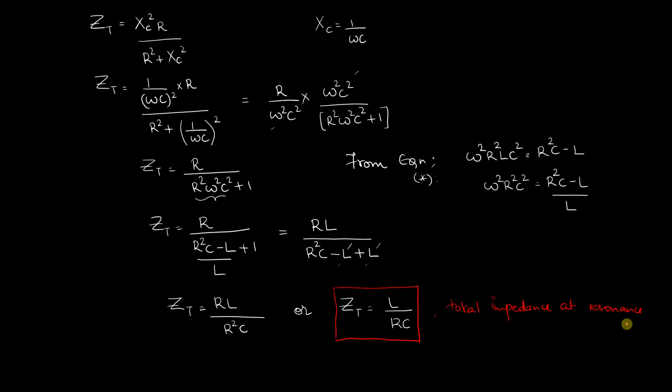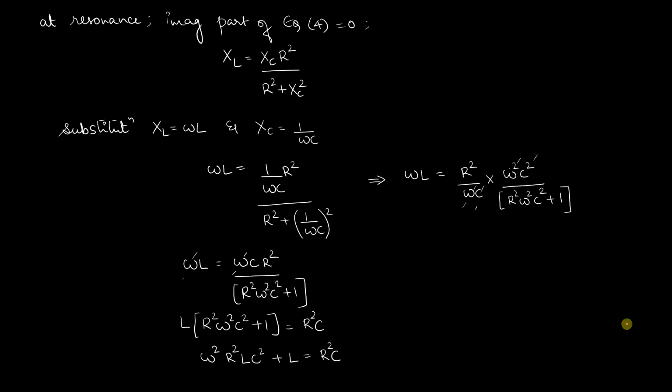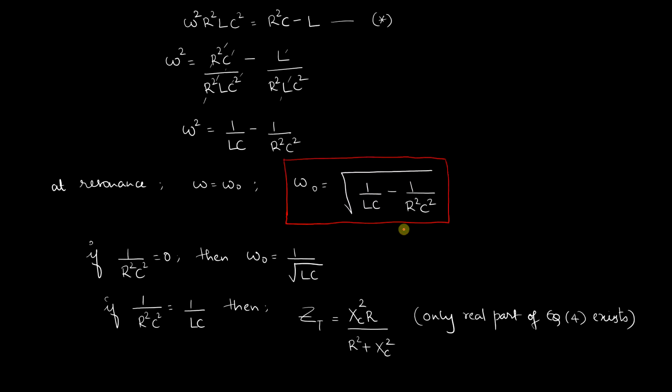The main important thing that you need to note here is that at resonance we consider the imaginary part of the equation to be equal to 0, and that is when we get the expression for omega naught. So here you can see, if you consider this value to be equal to 0, then you will get omega naught equal to 1 by root LC.